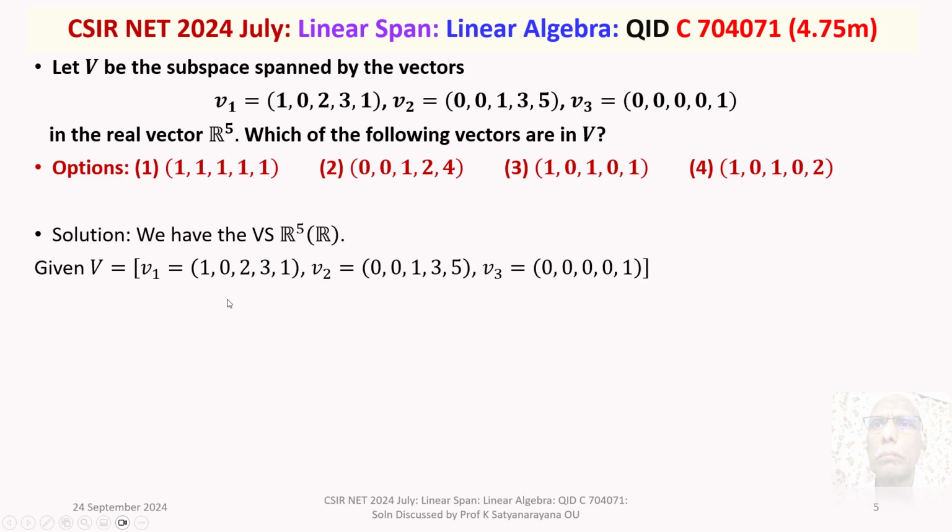It is the set of all linear combinations of these three vectors over the real field R. To write the linear span, we first take these three vectors and write them in a matrix: v1 as the first row, v2 as the second row, v3 as the third row. Now we will reduce this matrix into row reduced echelon form, and thereby we get linearly independent vectors.